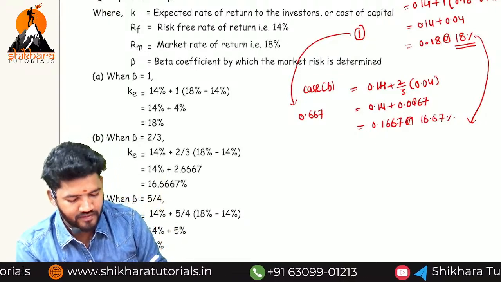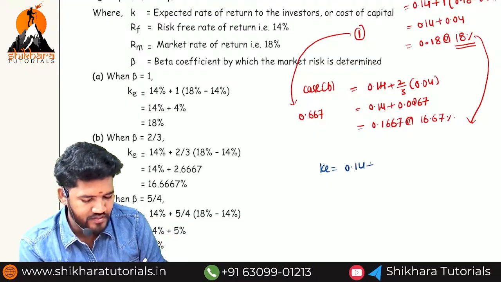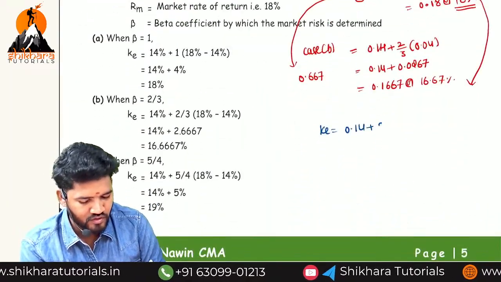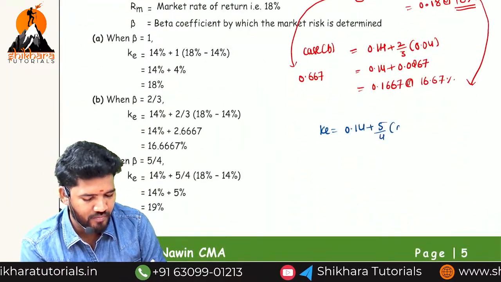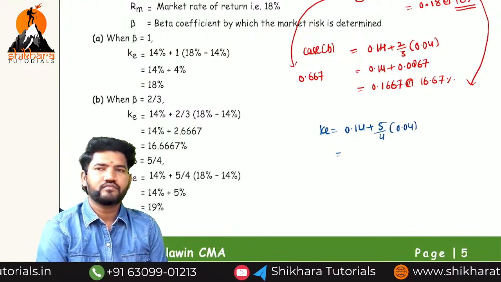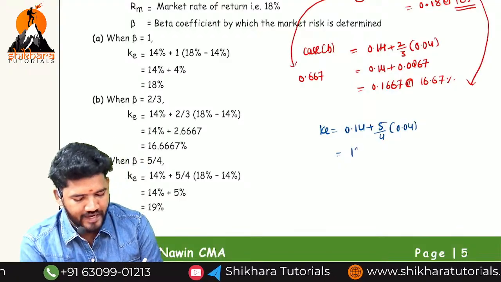What about the third case? 0.14 plus 5/4 into the risk premium 0.04. Tell me the direct answer. 19%.